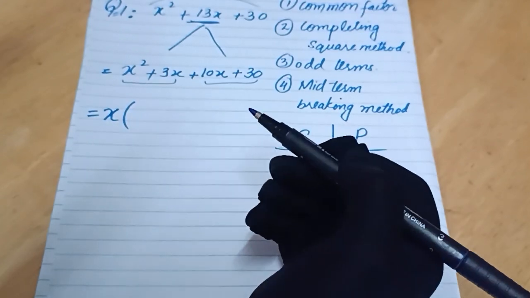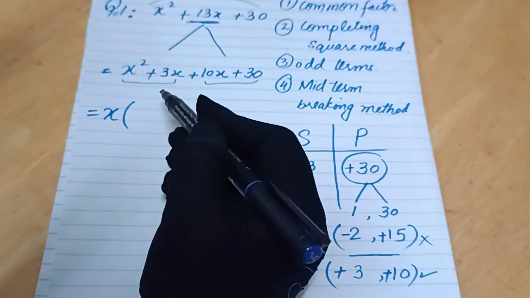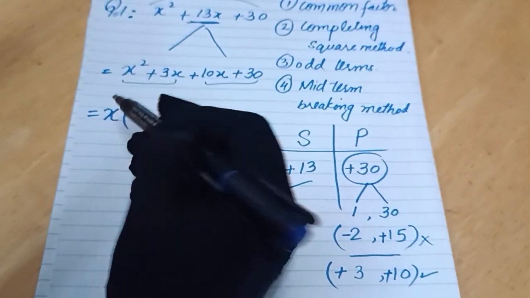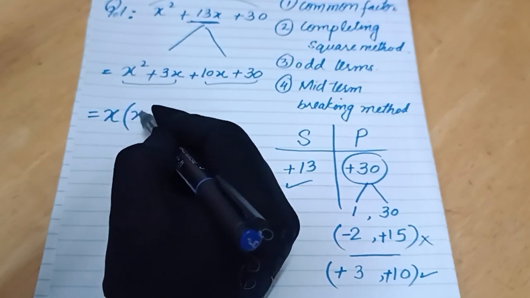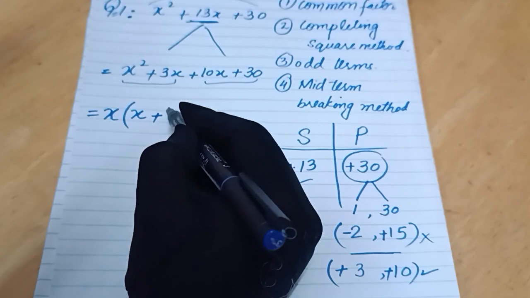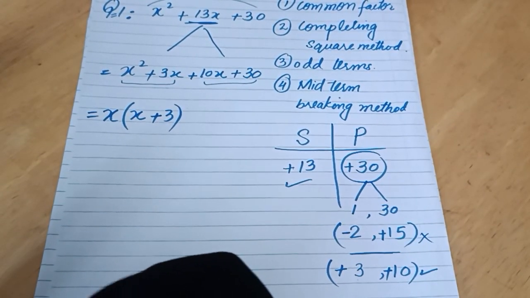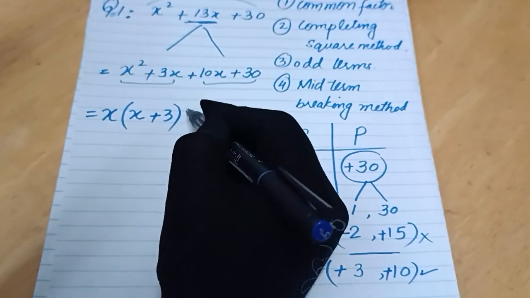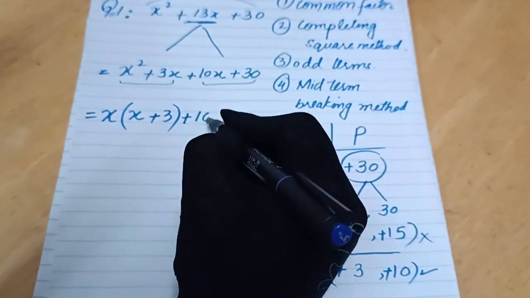Maximum x can be taken as common because its coefficient is 1 and the other is 3, so the numbers are not common. That's why only x is common. Now the first term divided by x leaves only x. When 3x is divided by x, only 3 is left. Okay, finished common.